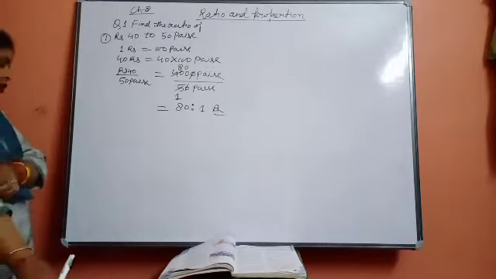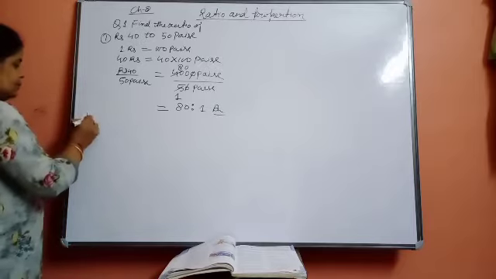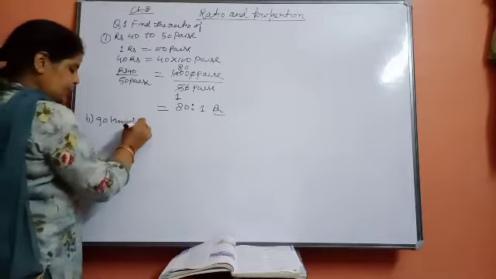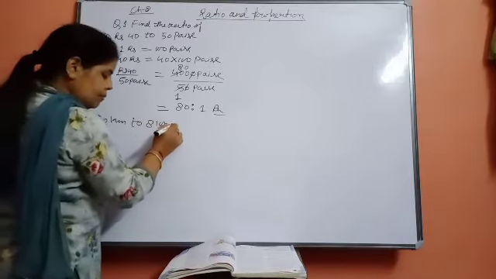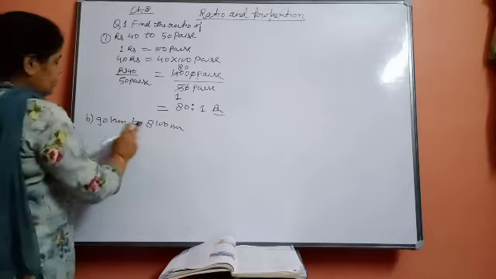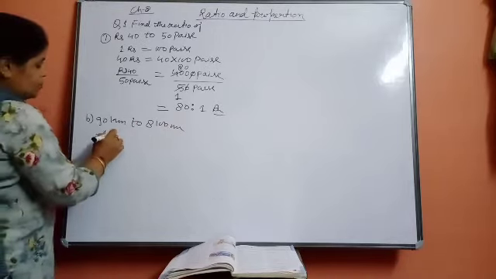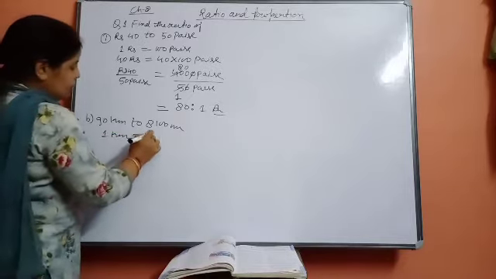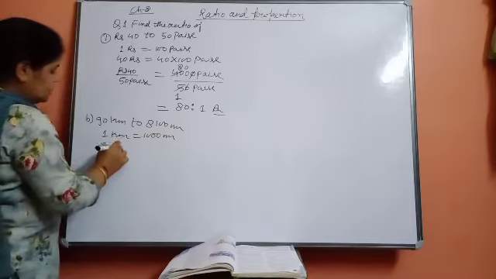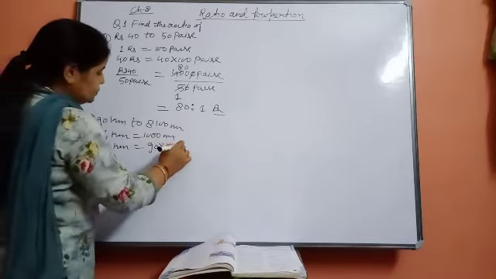See, one more question I am doing. B part: 90 kilometer to 8100 meter. It is in kilometer and it is in meter. Better that you change it into meter. So 1 kilometer is equal to 1000 meter, so 90 kilometer is equal to 90 into 1000 meter.